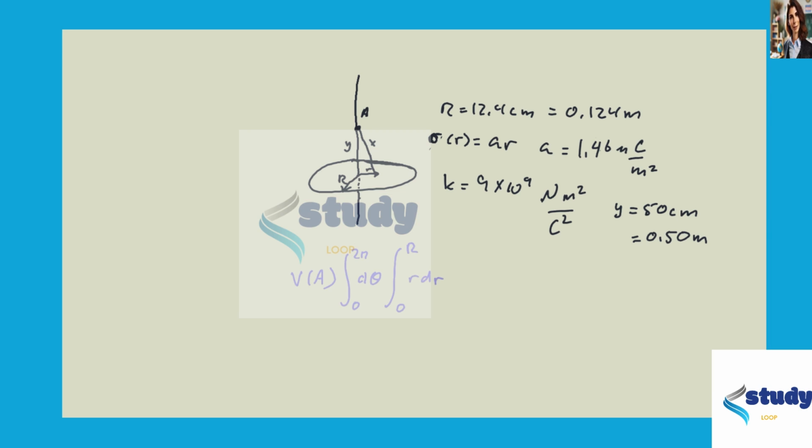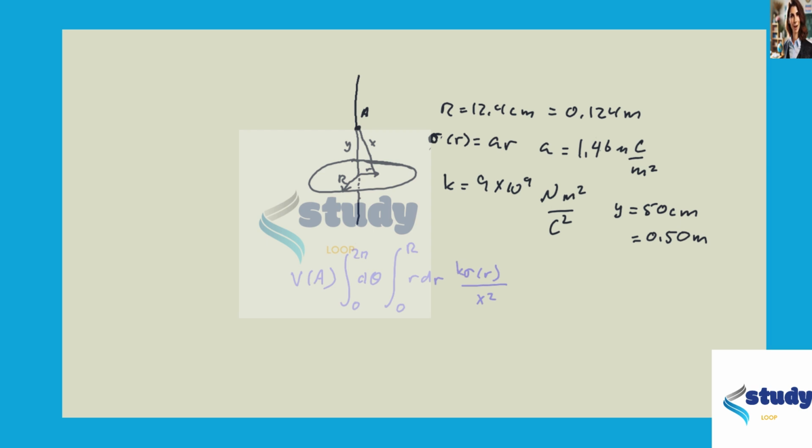So we get this volume element for that. And then we get our sigma of r divided by x squared with a factor of k for the Coulomb's law.